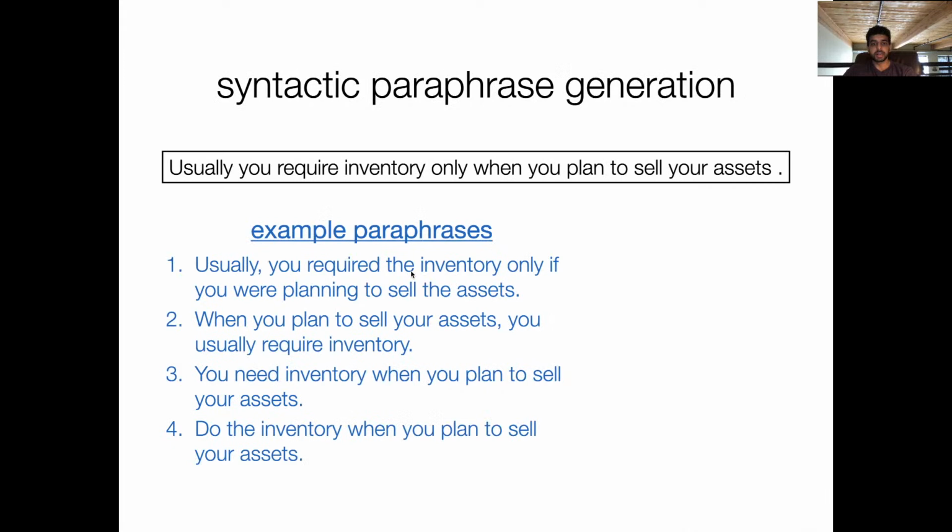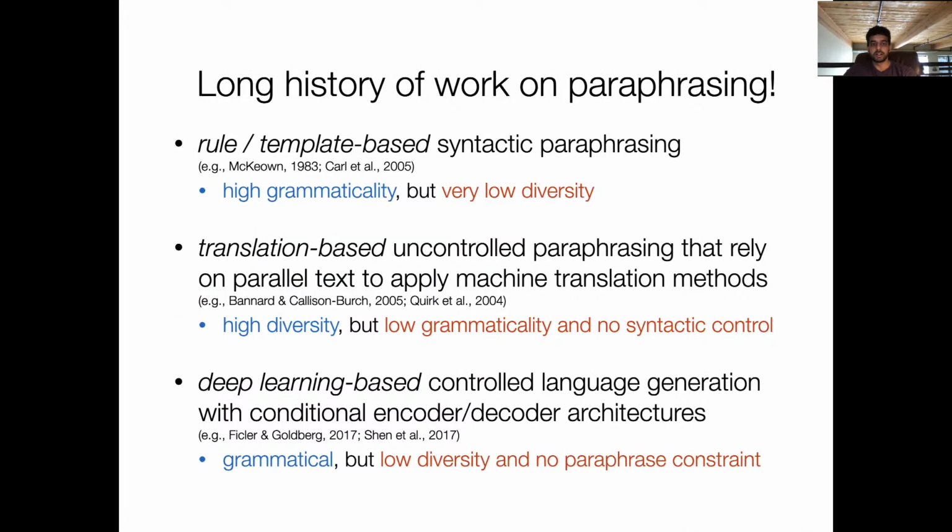But it becomes a little harder when you have more complicated sentences that don't necessarily match your rules, right? So you're limited in these approaches by having to first spend the time and effort to create these rules, which is not trivial. You might need some linguistic expertise. And secondly, you're only going to have paraphrases when you have a sentence that matches one of your rules. So you're going to get very low output diversity here.